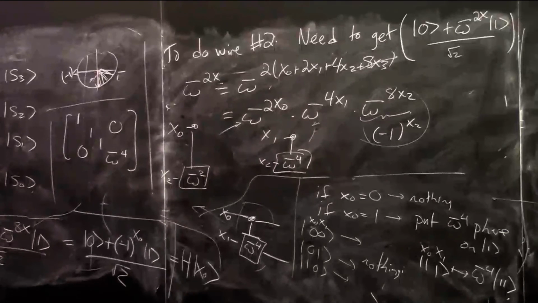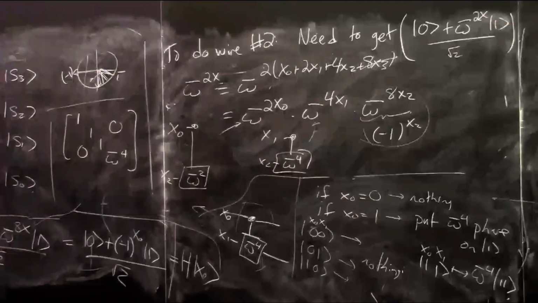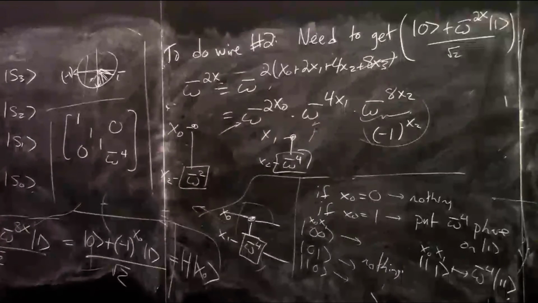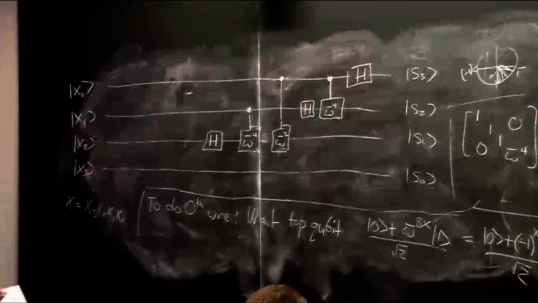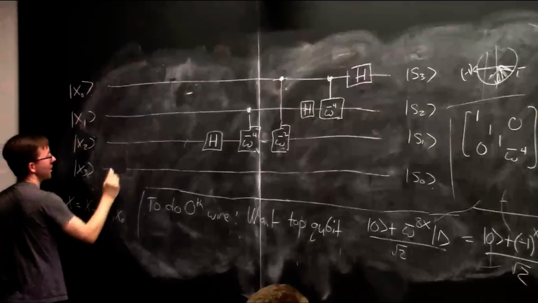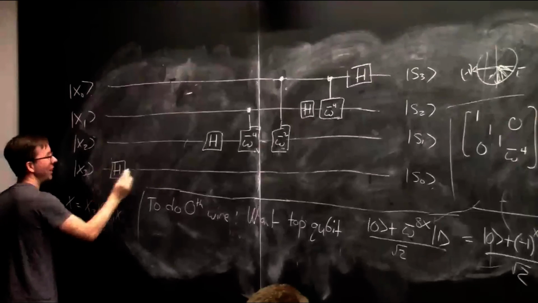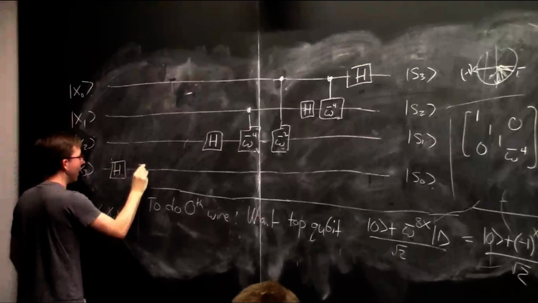So this looks like this. And then this. Okay, that gets it all right. And then I'm not going to do the last wire, but you can guess, or you can just detect the pattern by pattern matching. The last step is this.